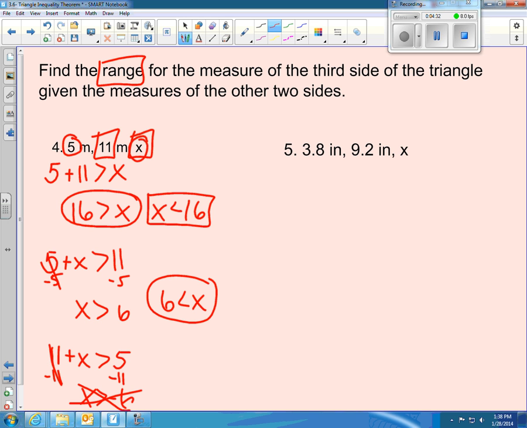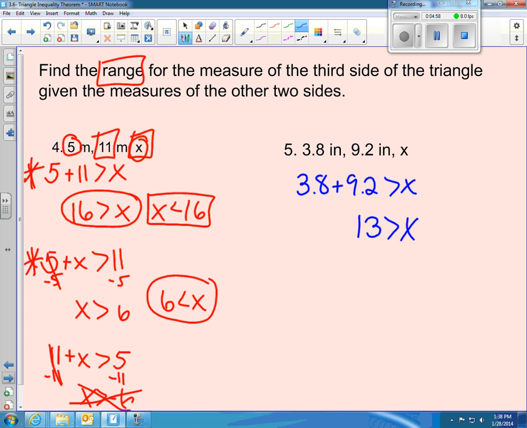So really, we only need to do my two known sides greater than x, and then my small side plus my x. So let's try that with problem 5. My two known sides, I'm going to add those and set them greater than x. 3.8 plus 9.2 gives me 13.